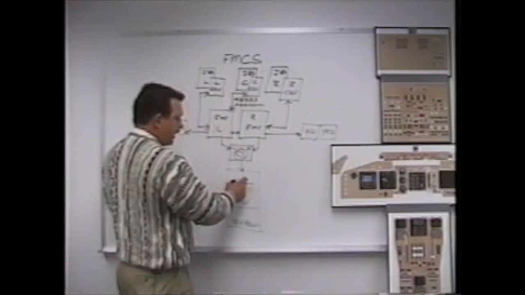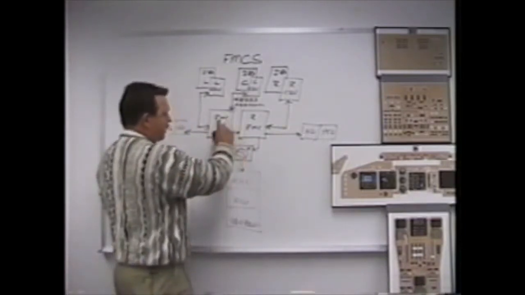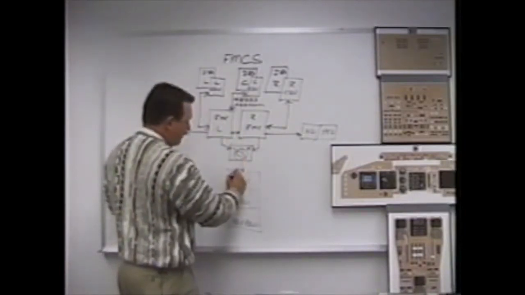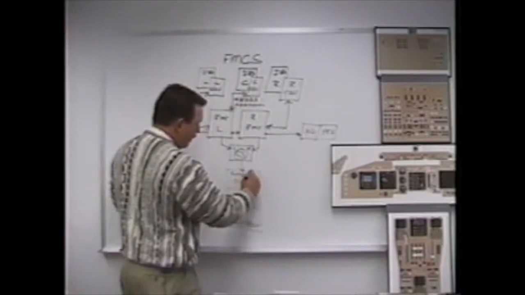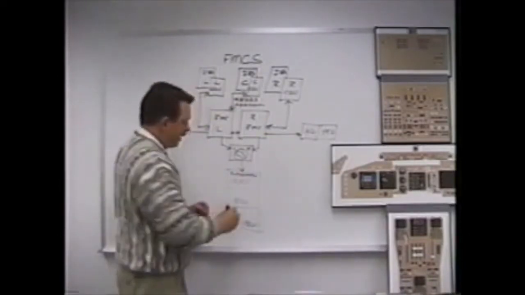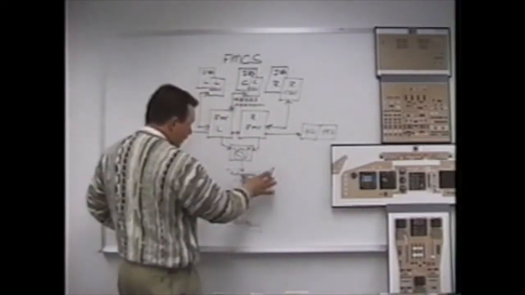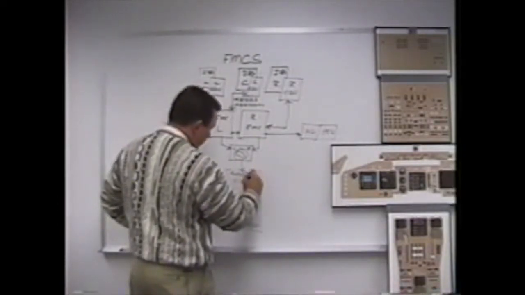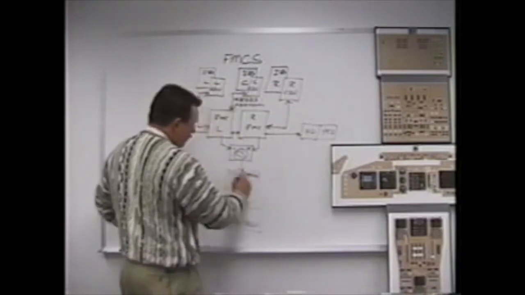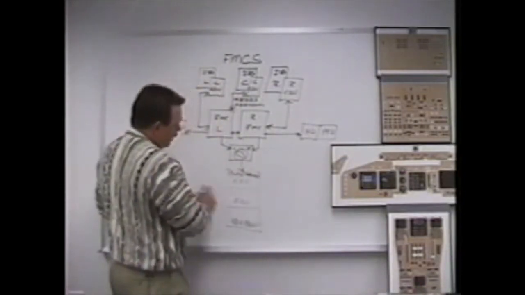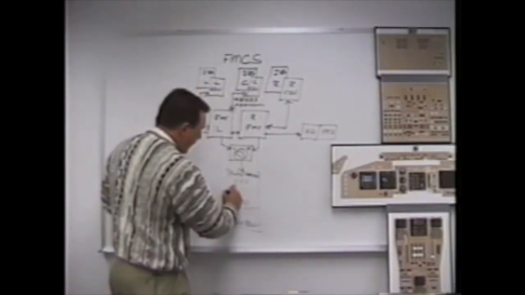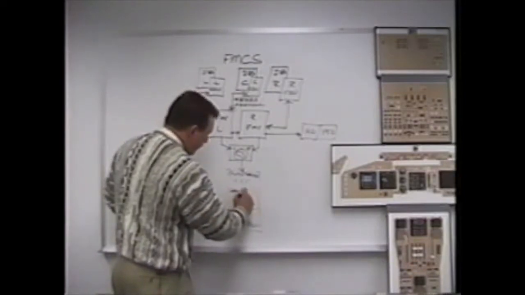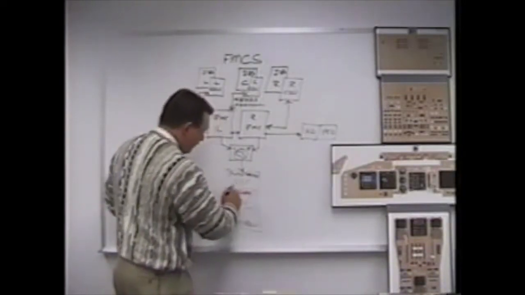Specifically, electronic engine controls: what they're getting their signal from the FMC is the auto throttle function. What power to set, when to throttle back, when to push up climb power. I meant auto throttles. Flight control computers, specifically what they need is the LNAV and VNAV signal from the FMC.